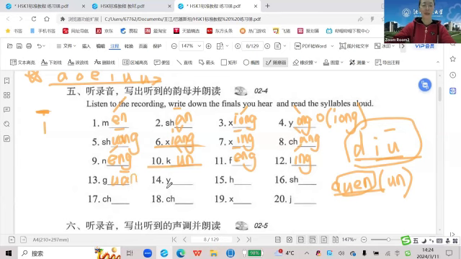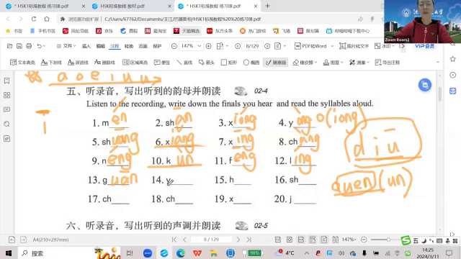Okay. Number 14. 远. Okay, everyone. Some students respond so quickly. Okay, yuan, yuan. Some students have done it correctly.